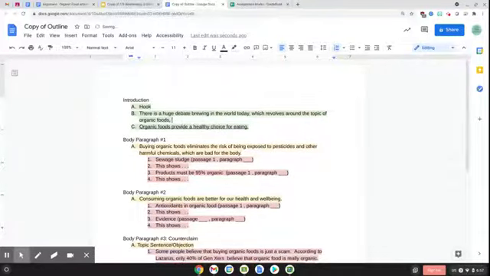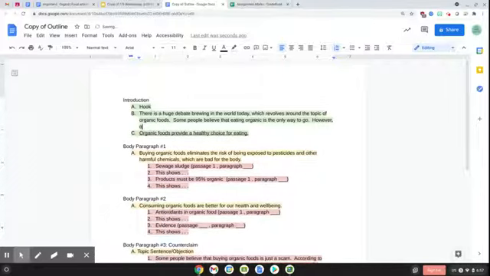And you would say here, some people believe that eating organic is the only way to go. However, others believe that dot dot dot. See what I'm doing there? It's giving background information so that your readers think, oh, I see what we're going to be talking about. We're going to be talking about the debate about organic foods, right?